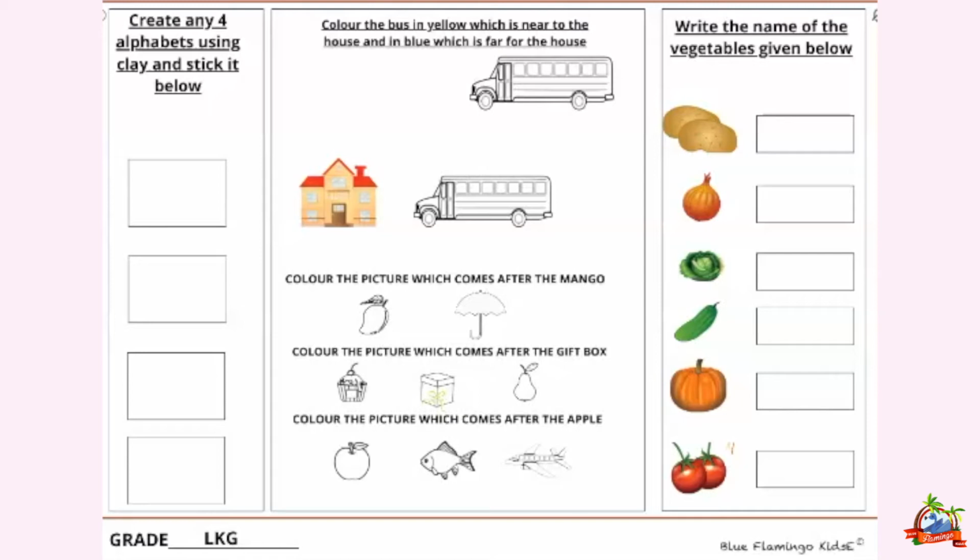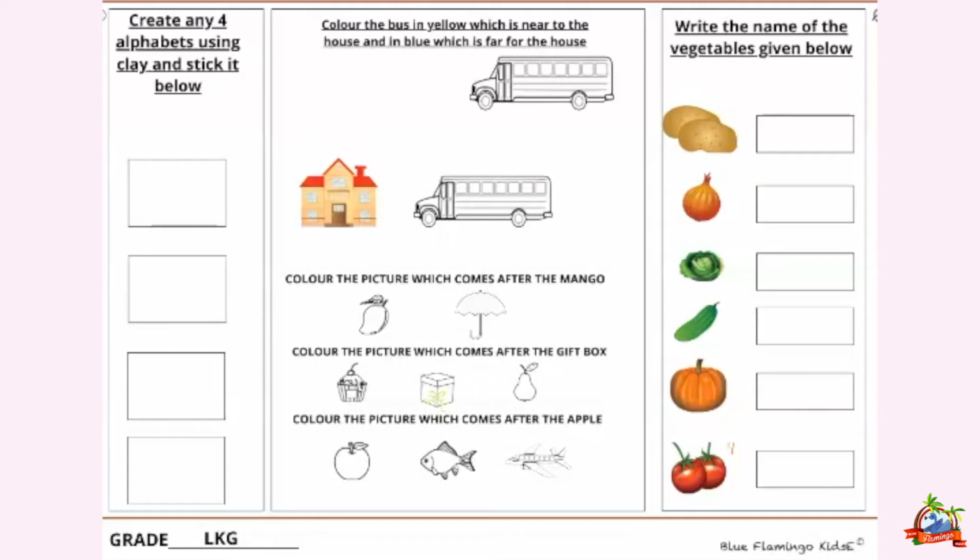W for watch. X for Xmas tree. Y for yacht. Z for zebra. So this was all about English part.